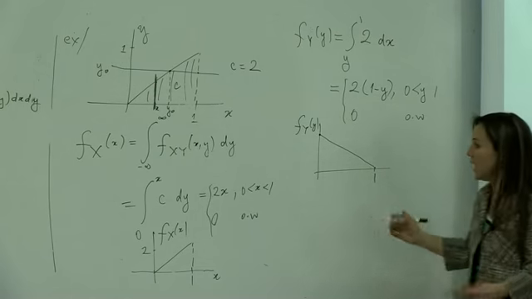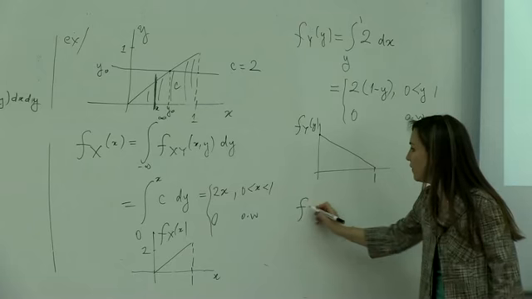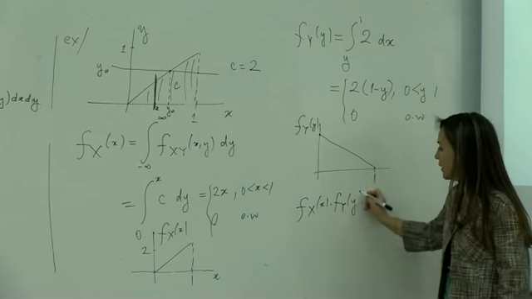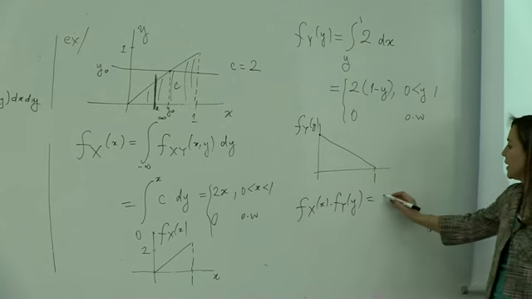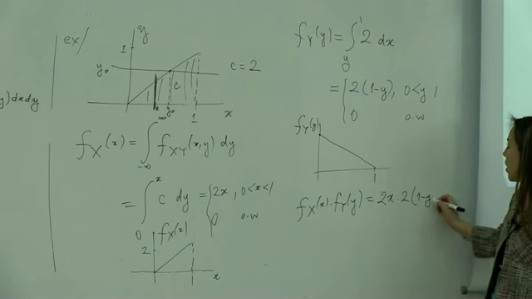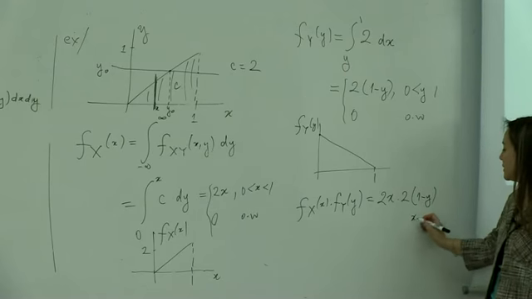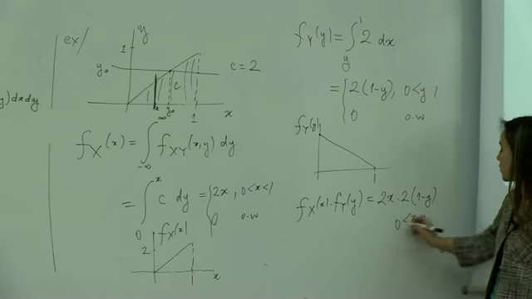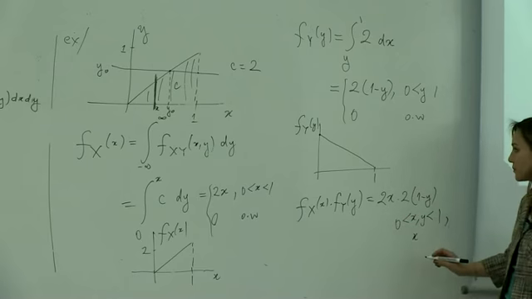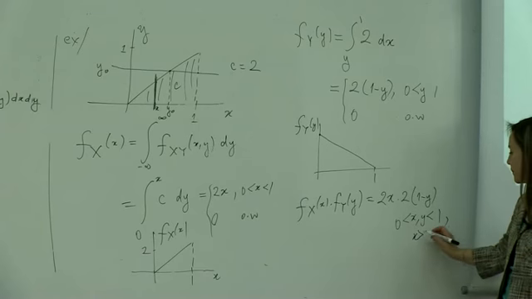So now let's compute f_X of x times f_Y of y. That is 2x times 2 times (1 minus y) whenever x and y are between 0 and 1, and x is bigger than y.